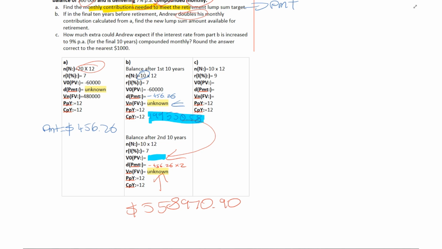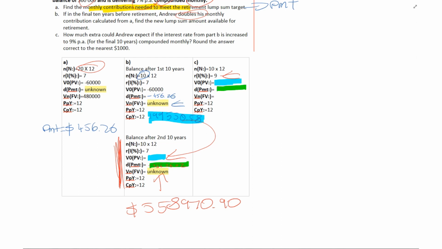Okay, so let's look at part C. And part C is basically doing this part again, but changing from 7 to 9. Okay, so my V0, it's still going to be the same as before. So let's just put that as the blue. I'm still going to have, make sure I'm using the right colors, this green there.